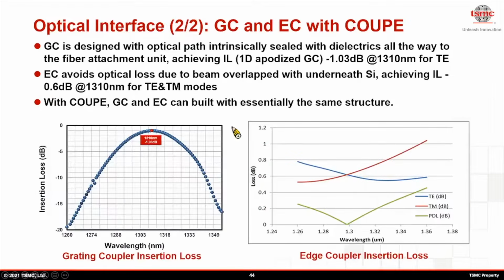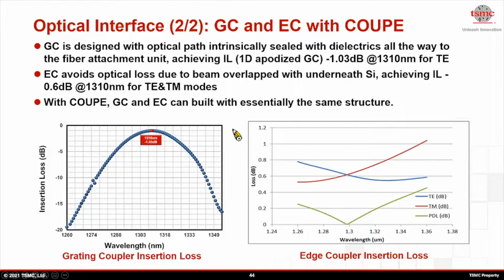At TSMC, we leverage our 3D Fabric technology to innovate the COUPE photonic engine so that GC and EC can be built with essentially the same structure. And GC is designed in COUPE with optical paths intrinsically sealed with dielectrics all the way to the fiber attachment unit, achieving a very low insertion loss of 1.03 dB for TE.